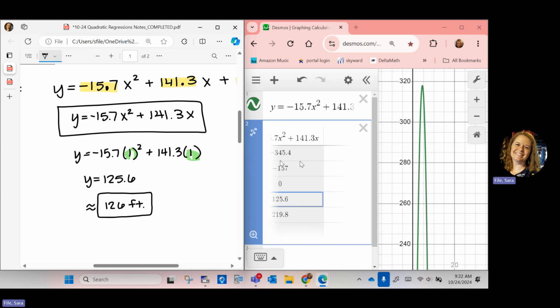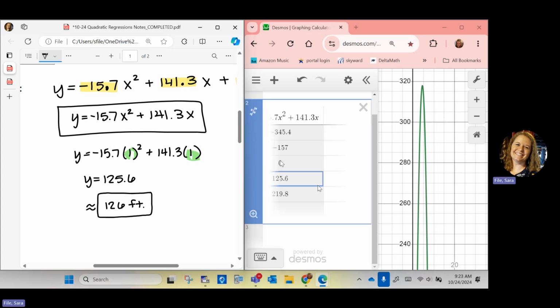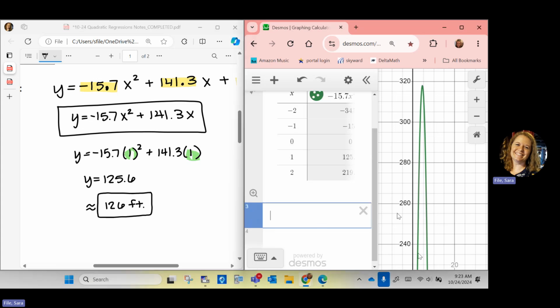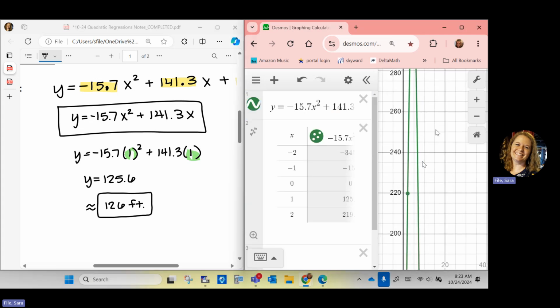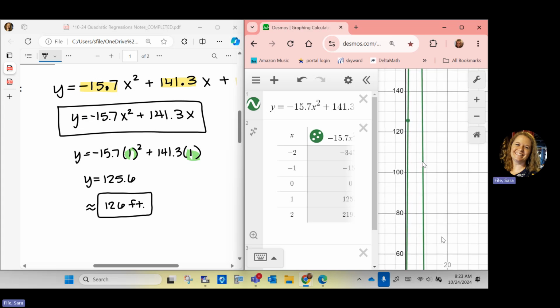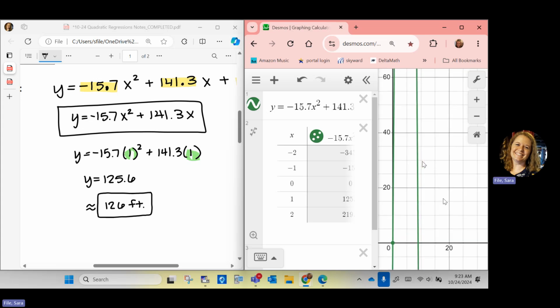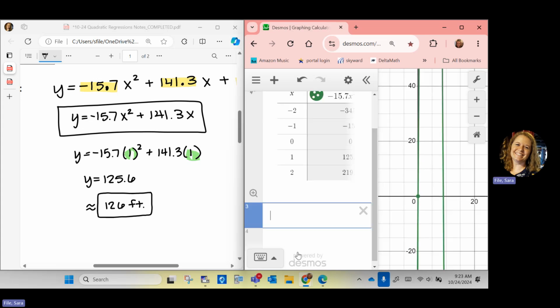Another way you could look at this, anytime they give you an X value and they want the Y value, if you like to use your graph, okay, so we've got this parabola drawn, you can type in the X value that they're giving you to find where it intersects.